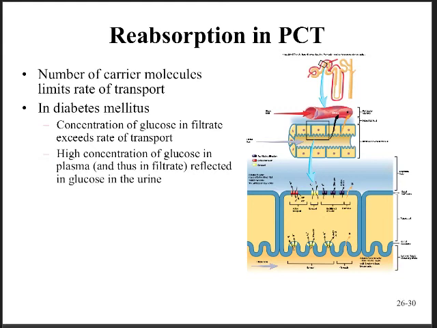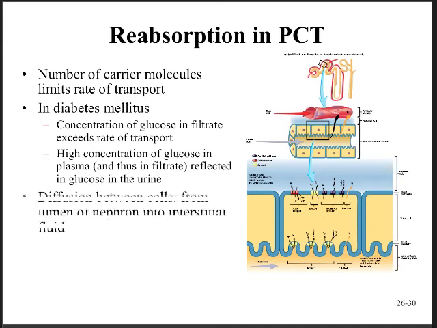The high concentration of glucose in the plasma is reflected in the urine. This causes the fluid in the medulla to be drawn across the lining of the nephron into the filtrate. This increases the volume of the filtrate and it also increases the frequency of urination.